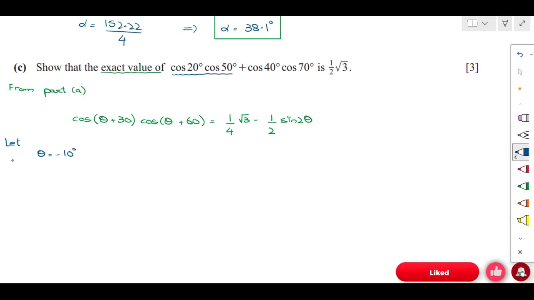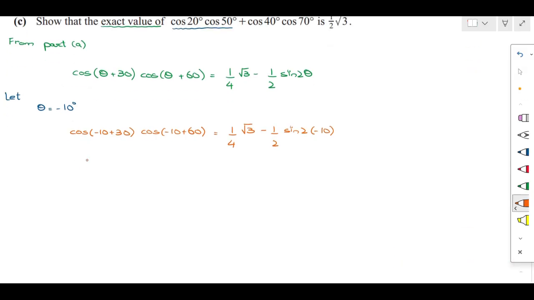When theta is negative 10 degrees, we have cos of minus 10 plus 30, cos of minus 10 plus 60, this is 1 by 4 square root of 3 minus 1 by 2 sine 2 times theta, with theta negative 10.